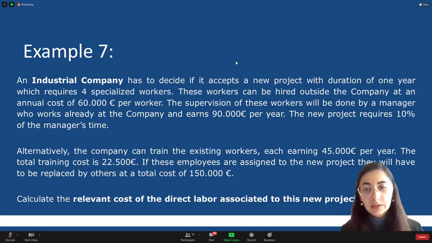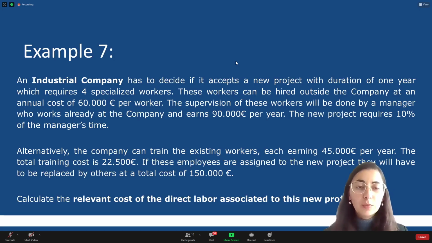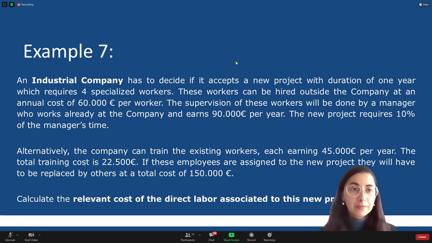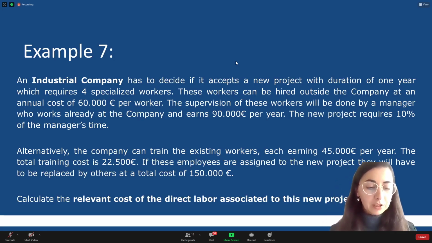We do not consider the 10% because we are assuming that the manager was not doing anything for this time. Okay, thank you. And the second option was 172,500, which was 4 times 22,500 plus 150,000.